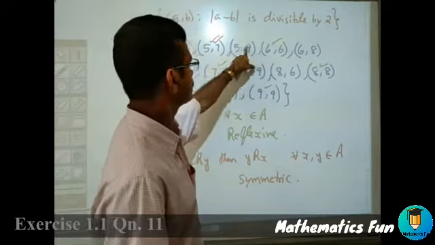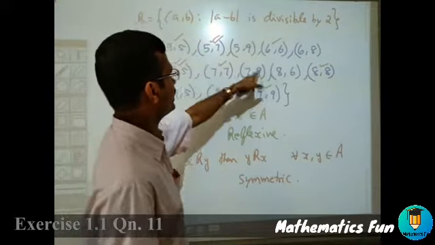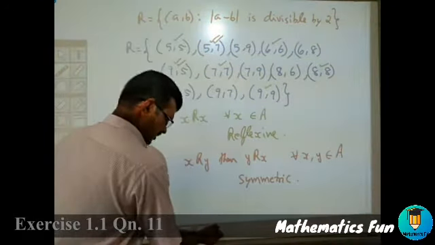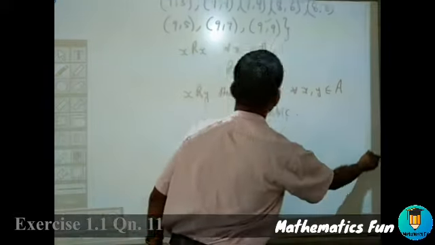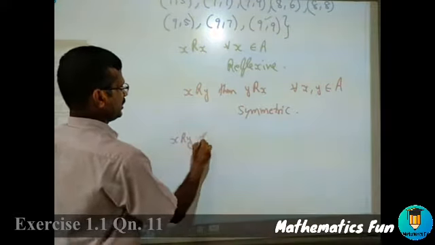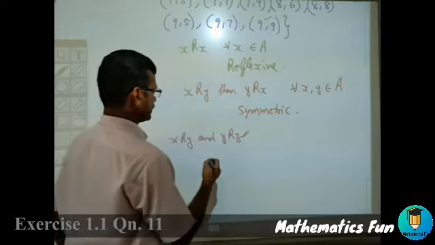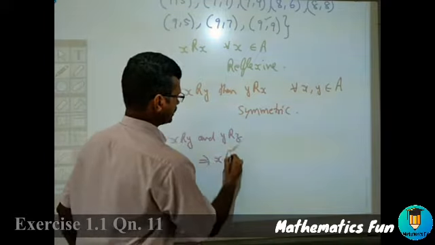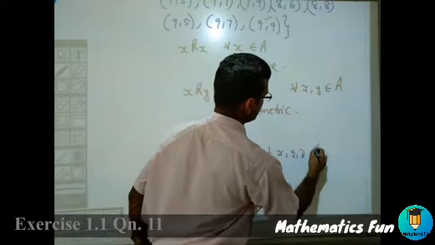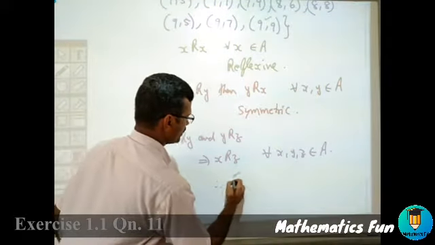Yes, 5, 9 is there. So 5, 7, 7, 9 gives 5, 9. Therefore the relation is transitive. That means x related to y and y related to z implies x related to z for all x, y, z belonging to A. Therefore the relation is transitive.